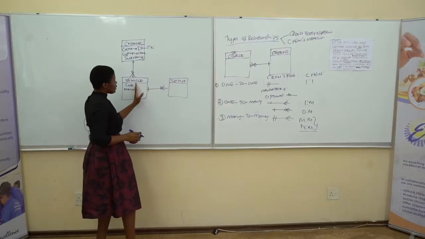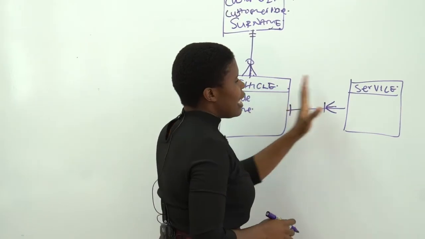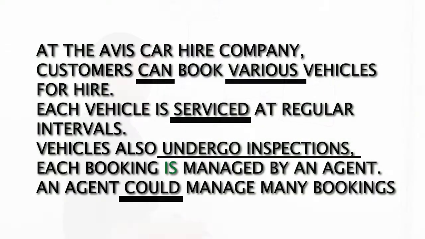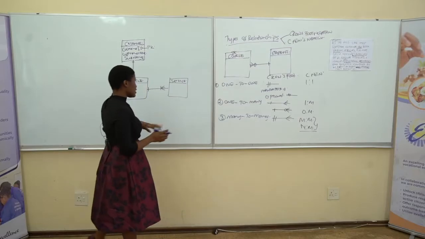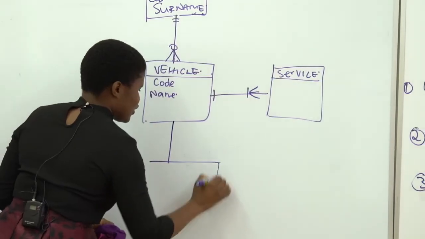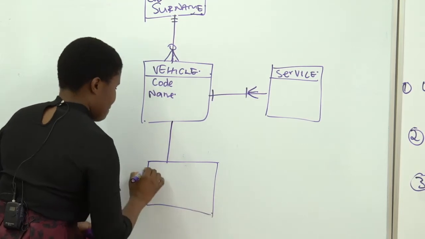So if you can check the relationship between a car and regular service is going to be a one-to-many. Now we are moving from that one. It says that the same car must also go to what? To maintenance. You service it and you maintain it. The same vehicle has a relationship with maintenance.